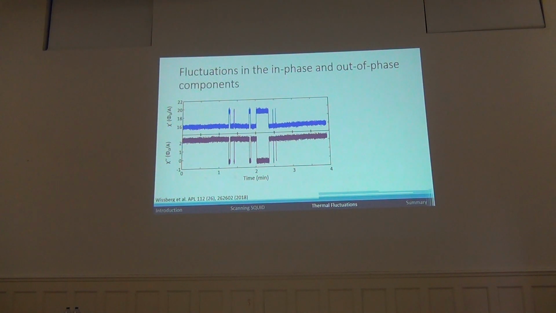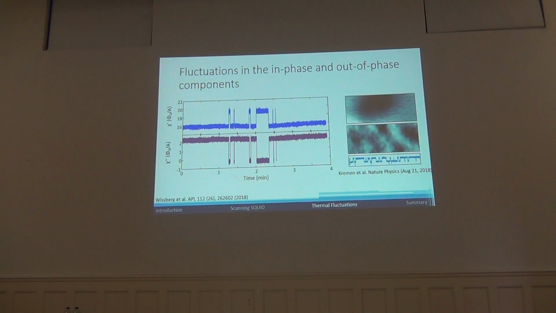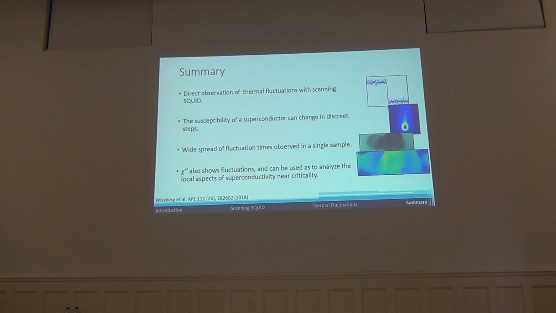But as it turned out, it was easier to follow these fluctuations in the out-of-phase component because it showed higher activity near the transition. And actually, in another project in our lab, we managed to follow that method and image quantum fluctuations near the superconductor to insulator transition.